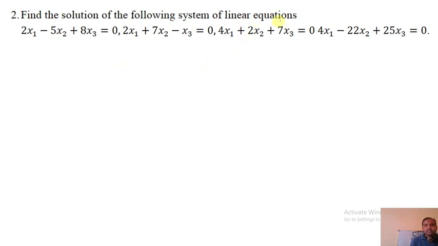Find the solution of the following system of linear equations. Now write the coefficient matrix.